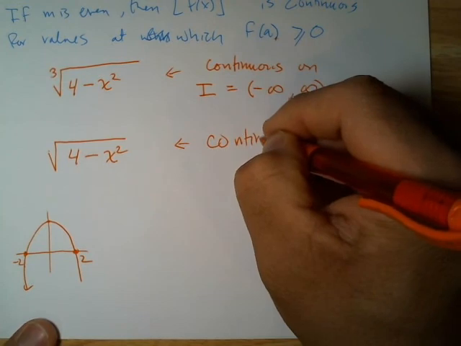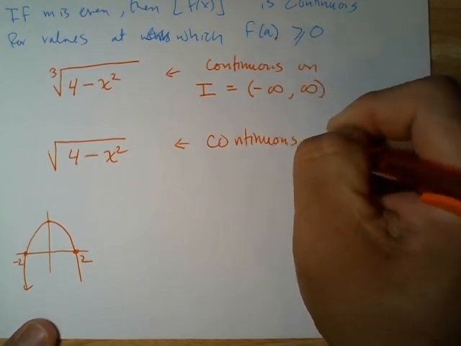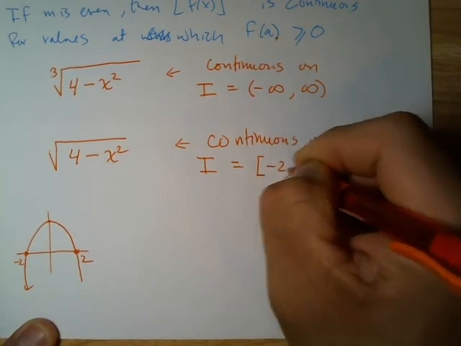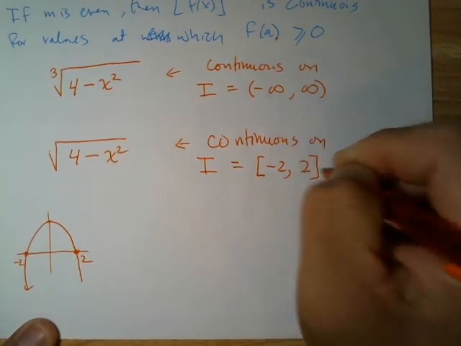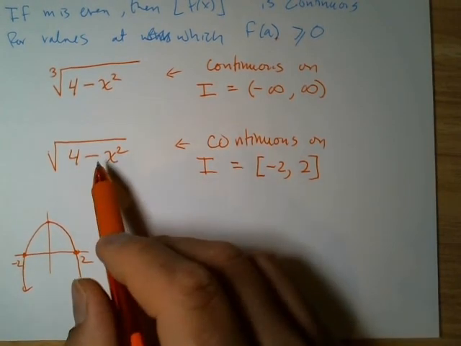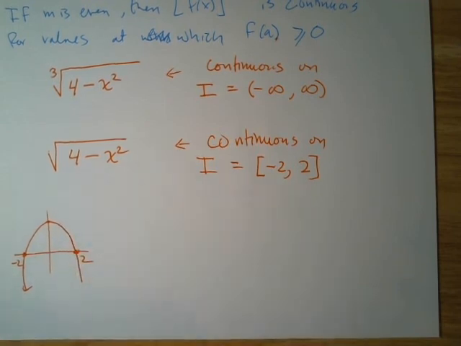So this is continuous on the interval I, which in this case is from negative 2 to 2. Any values outside, let's say at 3, we get 4 minus 9, which is negative 5, and the root of that is not a real number. All right, so that concludes the topic of continuity and limits.